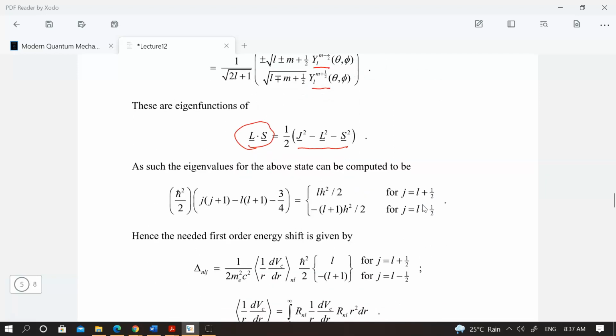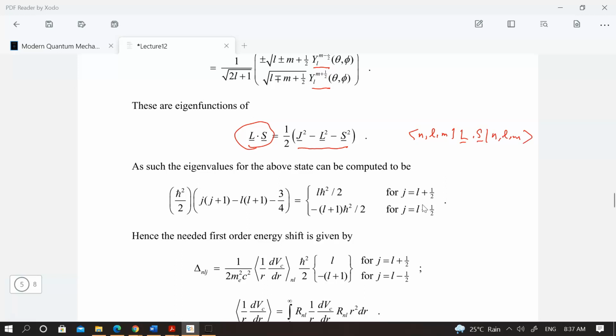And for this, one can actually find, for example, your expectation value of that in these unperturbed states.